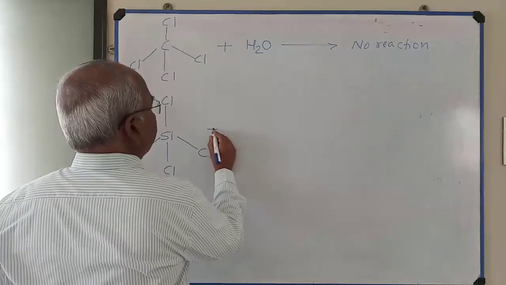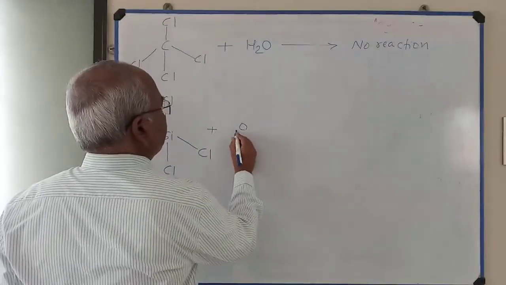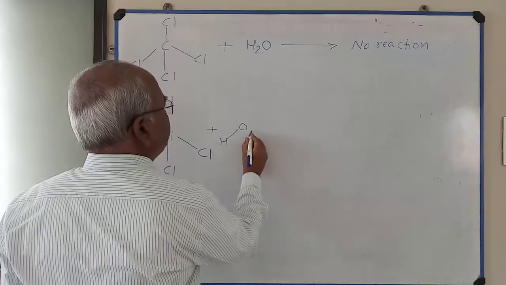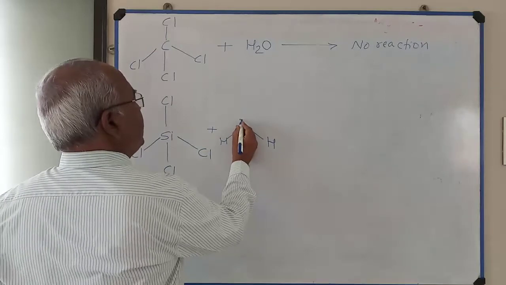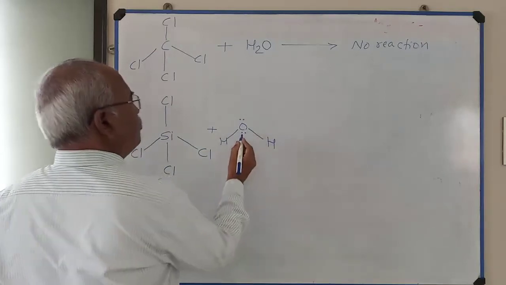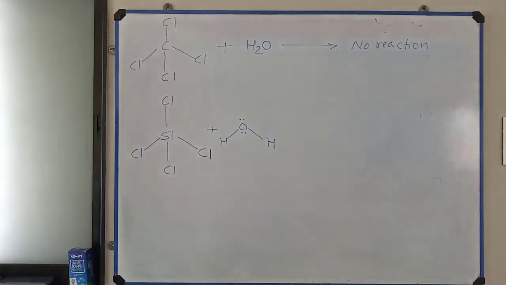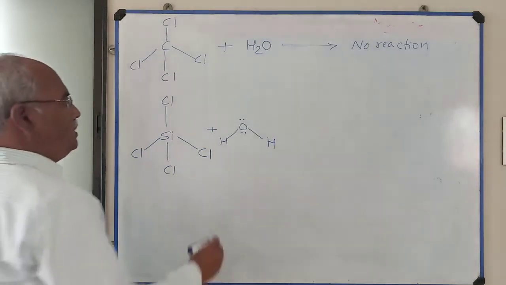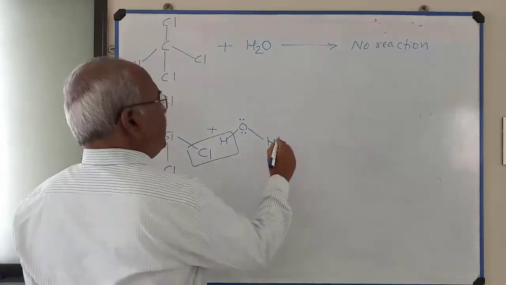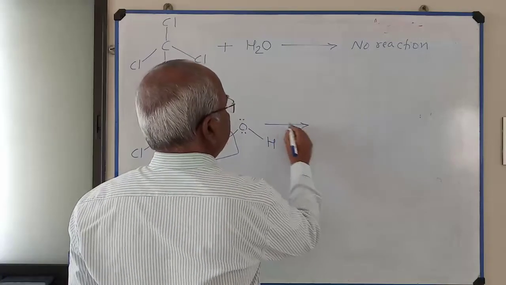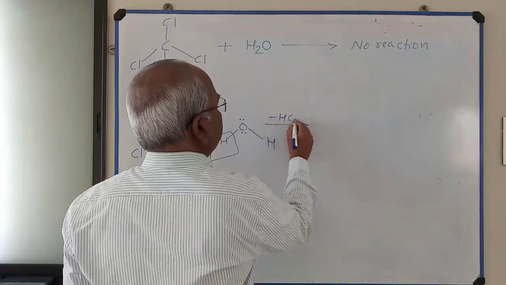It reacts with water. H2O molecule I represent like this. Oxygen atom has two lone pairs of electrons. Here hydrogen combines with chlorine and HCl is removed, minus HCl.